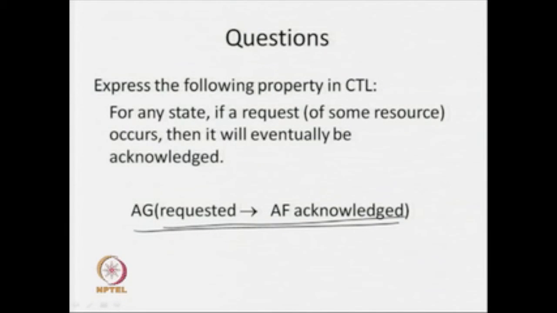Now, this is the way we have to look at the properties of our system, and we have to express them in CTL, and we are going to look for the truth values of those particular CTL formulas in our system, to see whether they are true or not. So, this is about one particular class of temporal logic, called CTL, computational tree logic.